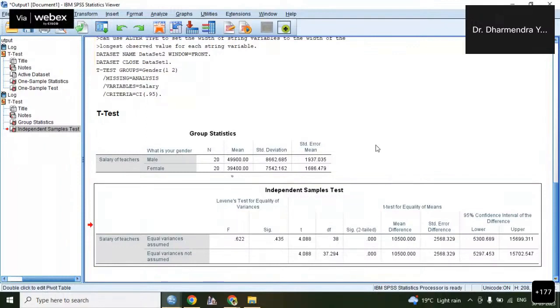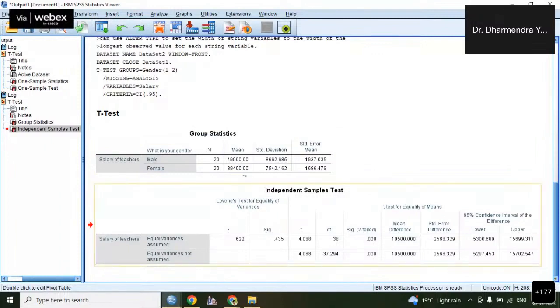If it is rejected, it means there is a significant difference between the average salary of male and female faculty members. And here you can also see that the male salary is 49,900 and female is 39,000. So there is a significant difference.